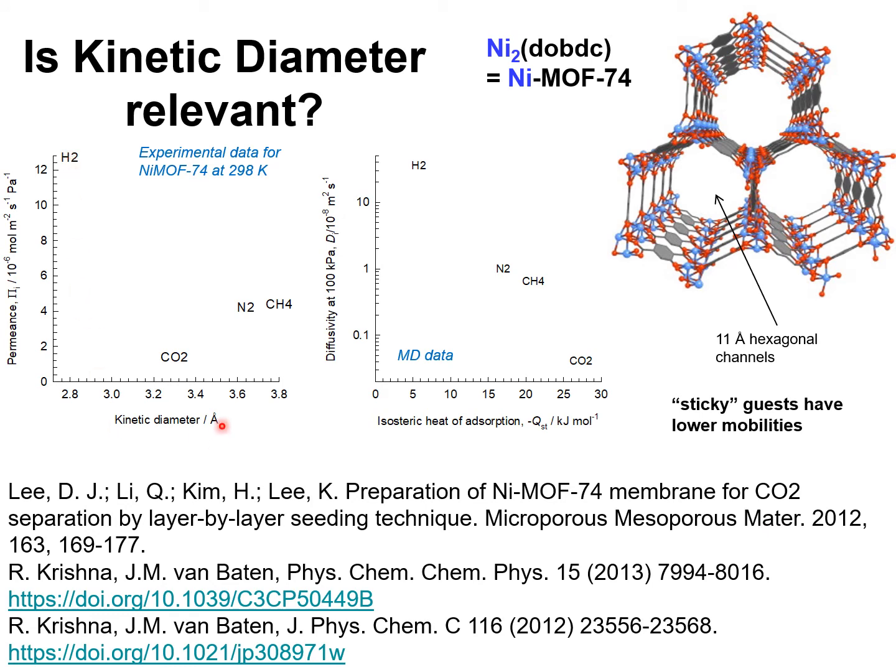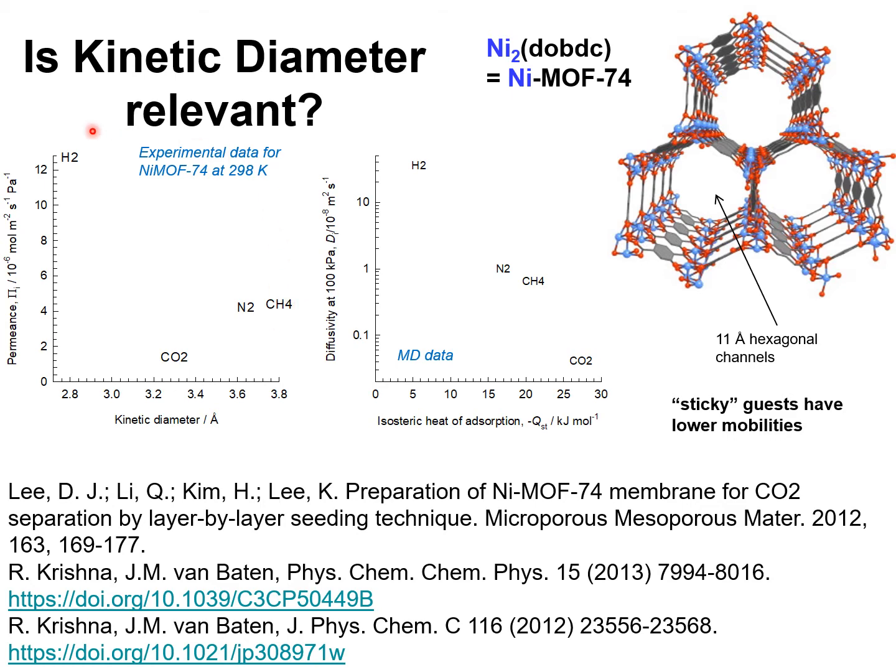Plotted as a function of the kinetic diameter, we note that the component permeances do not correlate with the kinetic diameter, and the component permeance for CO2 is significantly lower than that of methane that has a higher kinetic diameter.